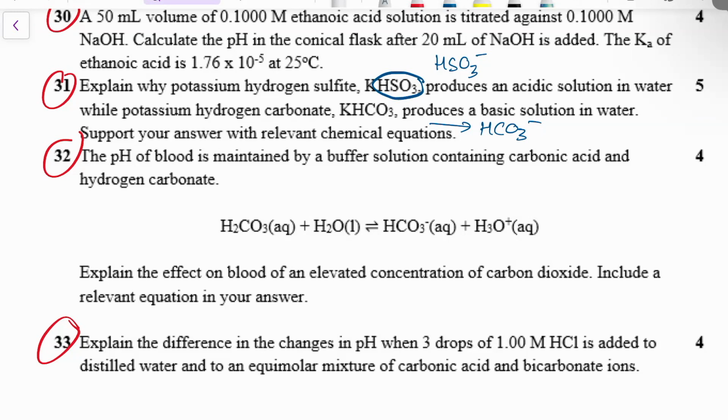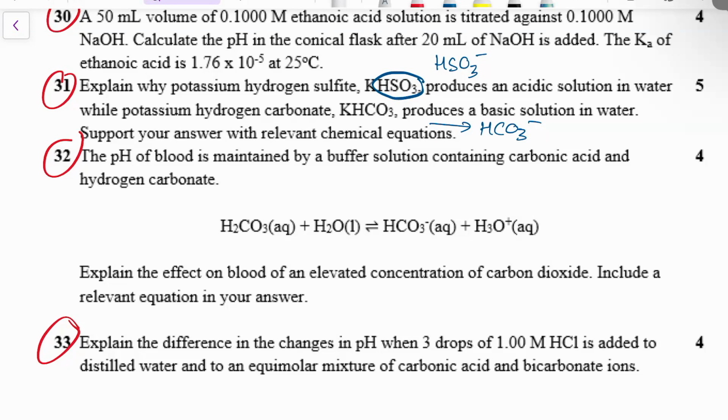With normal LCP theory, if the concentration of CO2 goes up, then the position of equilibrium will shift the other way to try to bring the concentration of CO2 back down. But then there's no CO2 in this equation. So maybe that's where the total 4 marks comes from.